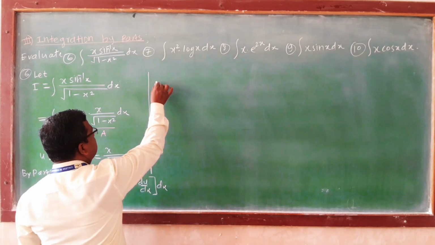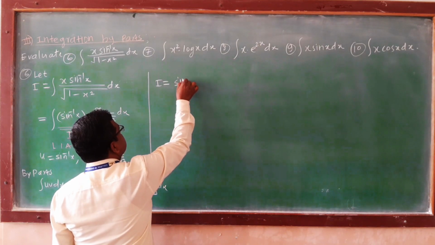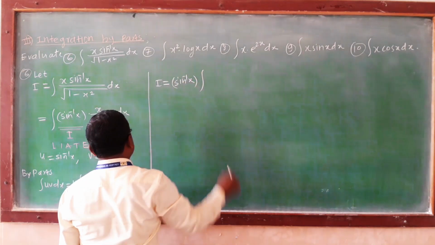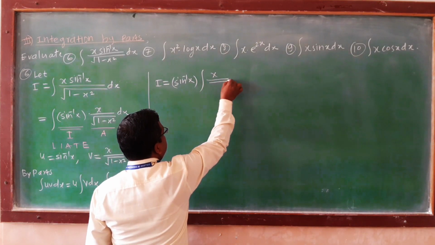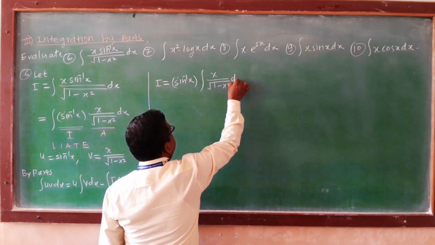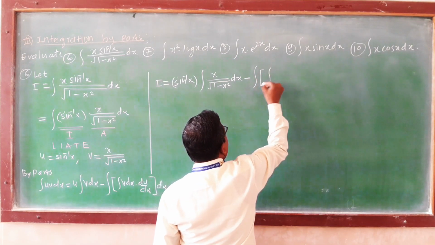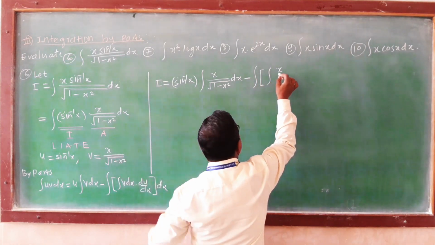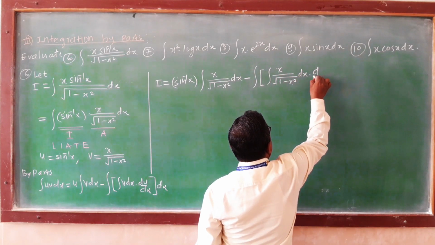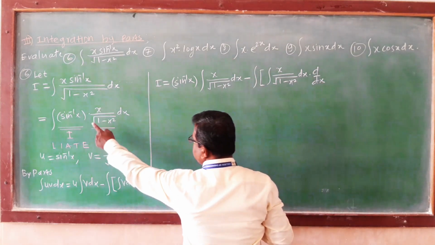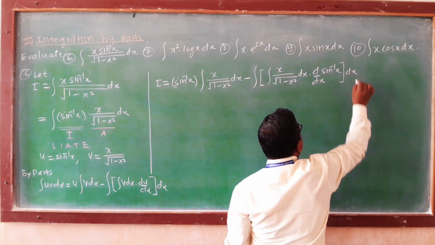So therefore I is equal to u, u means sin inverse x, into integration of v, v means this x upon root of 1 minus x square dx, minus integration of square bracket integration of v, means x upon root of 1 minus x square dx, into d by dx of sin inverse x with respect to x.